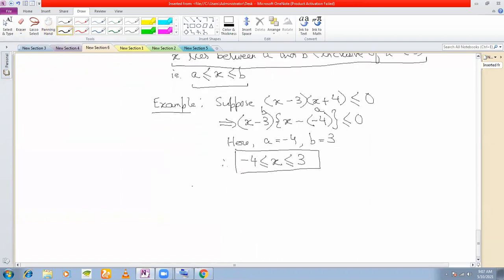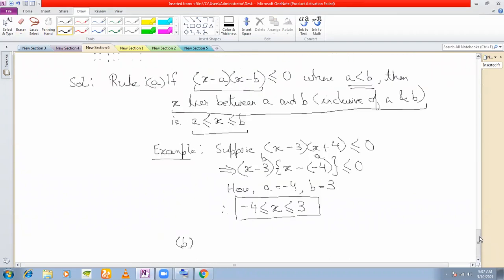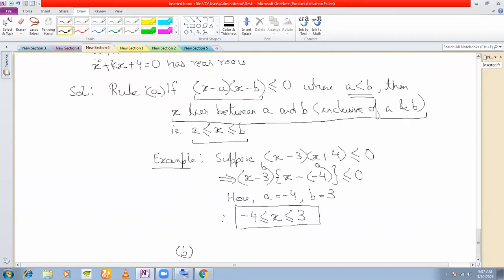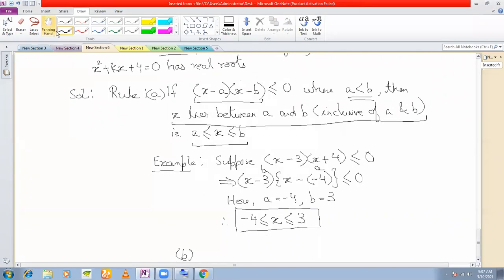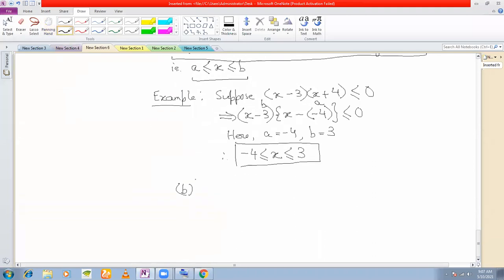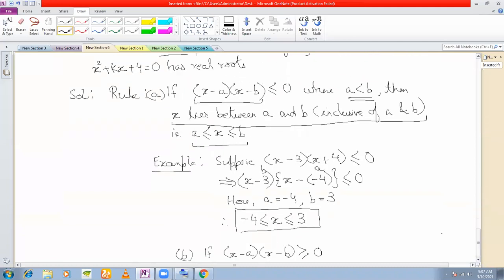Next one is, what will happen when the inequality sign reverses? Suppose you are given (x - a)(x - b) greater than or equal to 0, where again a is less than b.